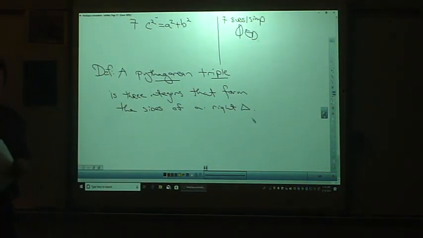Remember, integers are positive whole numbers in this case, so something like 3, 4, 5, 6, 8, 10. Those would be Pythagorean triples.